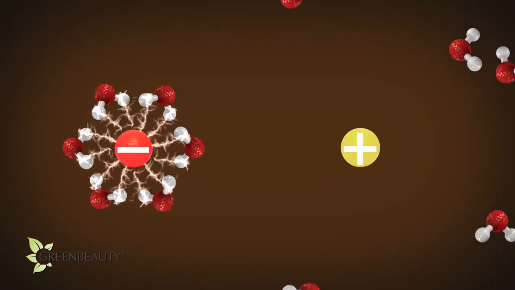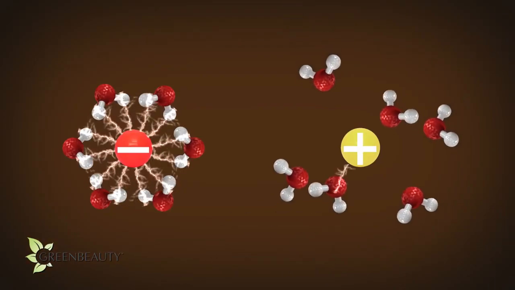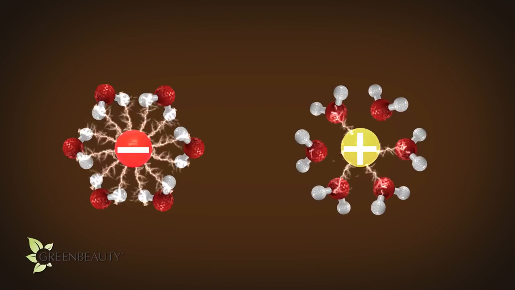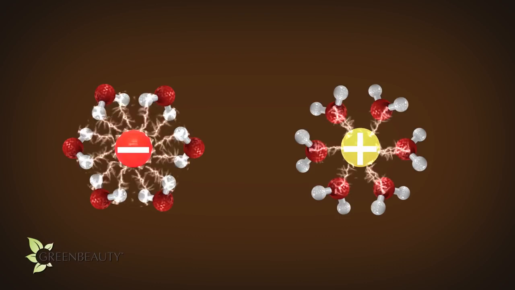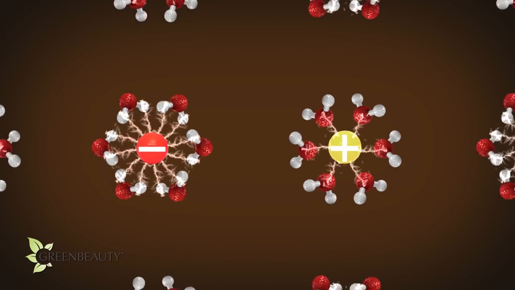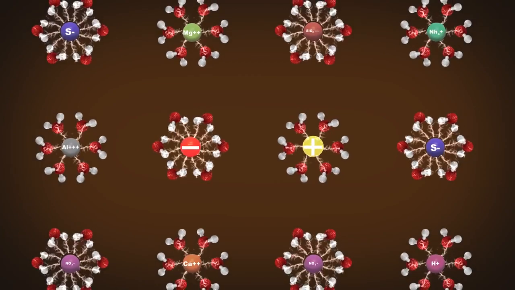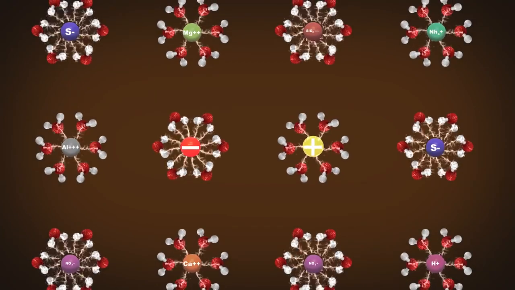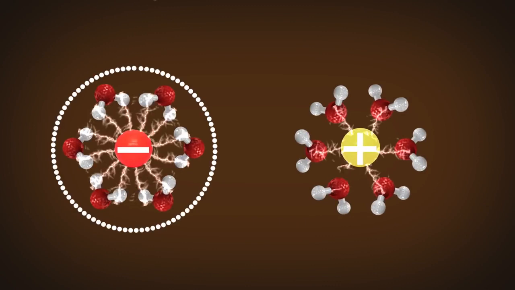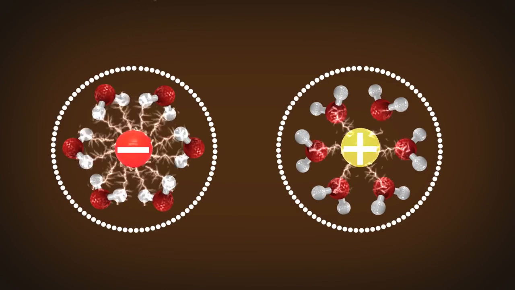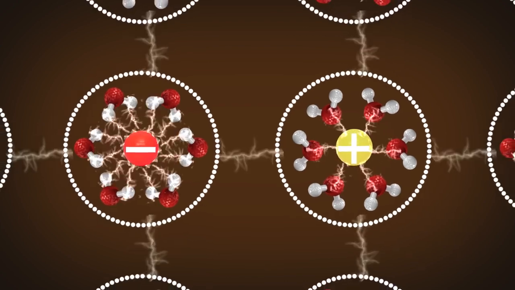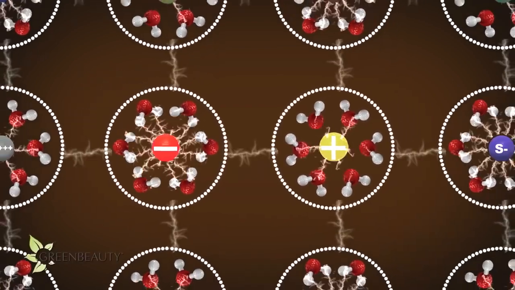Since water molecules are dipolar, the positive side adsorbs or sticks onto the negative charged things, and the negative side adsorbs or sticks onto the positive charged things. These are called hydration spheres, some with negative charged parameters and some with a positive charged parameter. So the water basically leaches out the power of the clay.